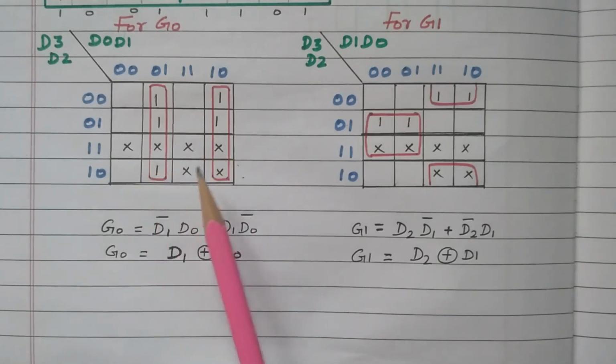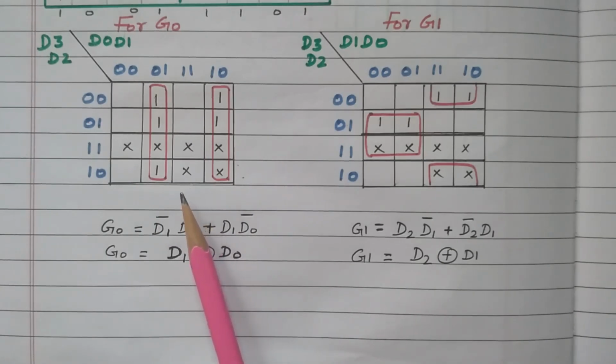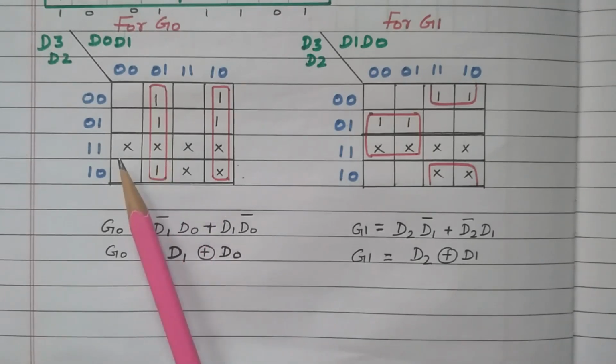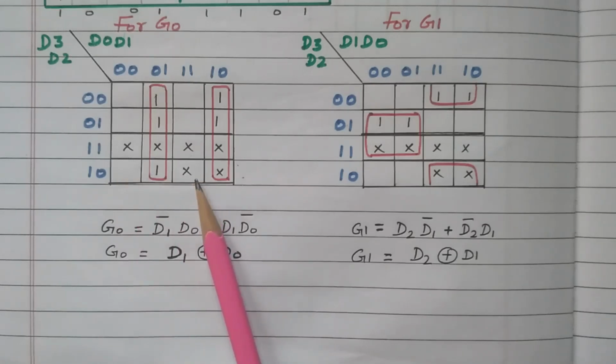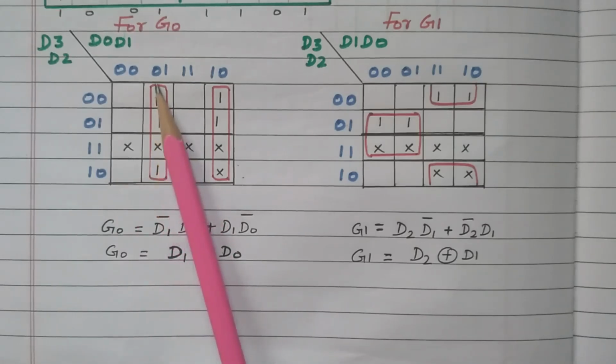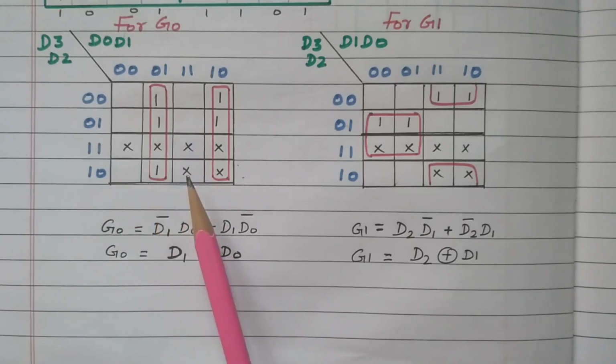These cells are marked as don't care conditions. Now we'll go for the grouping of the cells. While grouping we can take the don't care conditions into account, but it is not necessary to group all of them. If needed we can take the don't care conditions while grouping; if not needed we can leave them as they are.